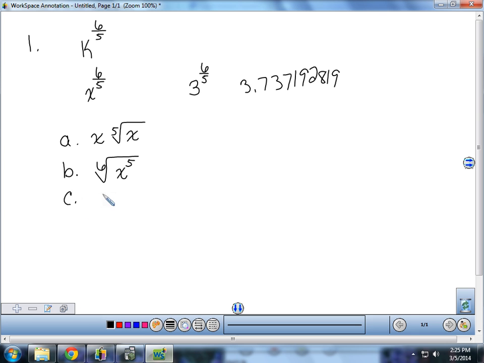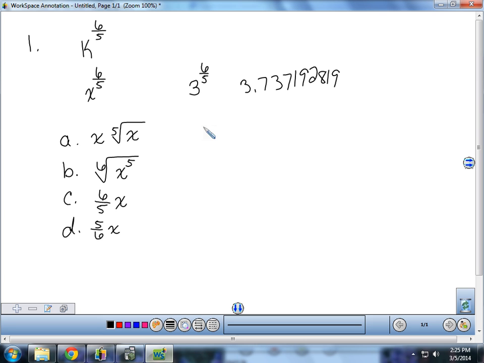Answer choice C, you got 6/5 times x, and D would be 5/6 times x. So here's the deal. They want to know what's another way of writing this, or if I'm using an x, what's another way of writing this? So it would equal the same value if I were to plug 3 in, right?